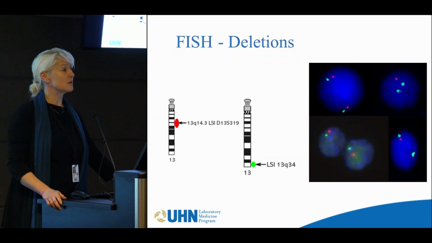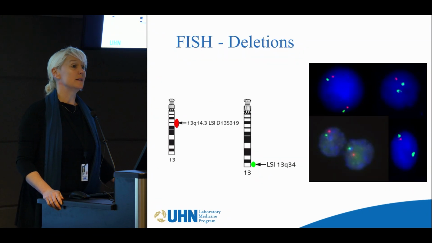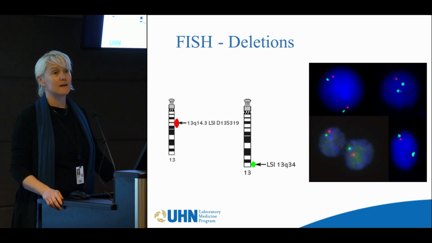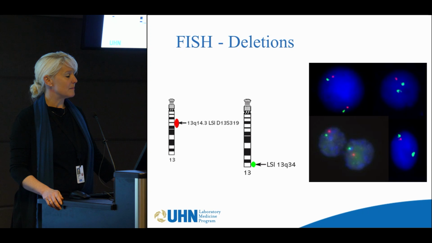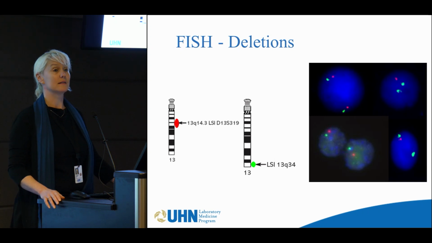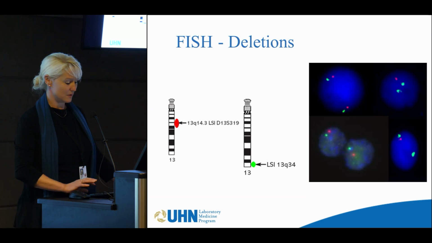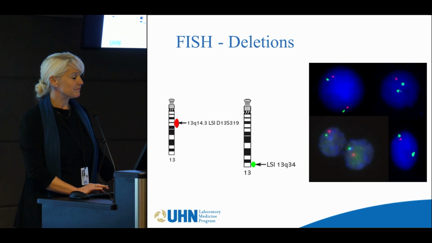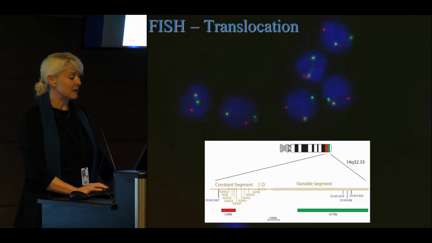The same goes for 13q deletions. We see these in about 50% of chronic lymphocytic leukemias, as well as 50% of multiple myeloma. And again, it's considered an intermediate prognostic factor, as there are other genetic abnormalities that provide a poorer prognosis for the patient.